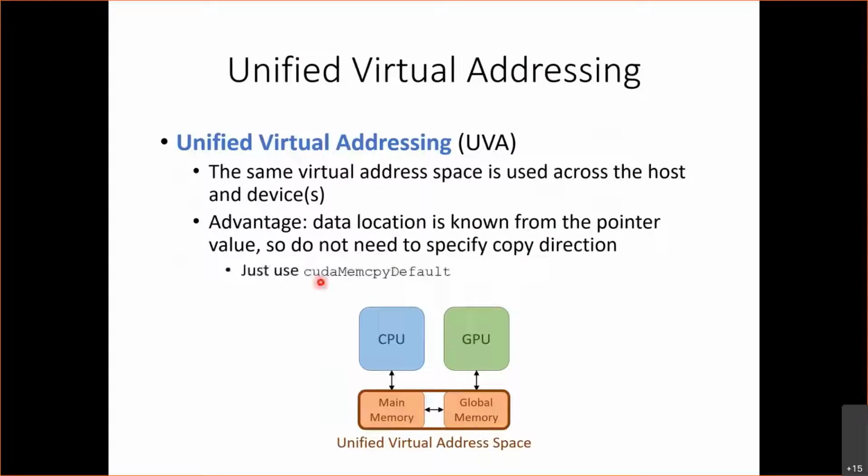We can simply write CUDA copy default, and from the value of the pointer, the runtime can figure out whether this pointer points to the device or the host. So this is the advantage of having a unified virtual address space across CPU and GPU, where the main memory of the CPU uses a certain address range in the virtual address space, and the device memory in the GPU uses a separate address range. Okay?